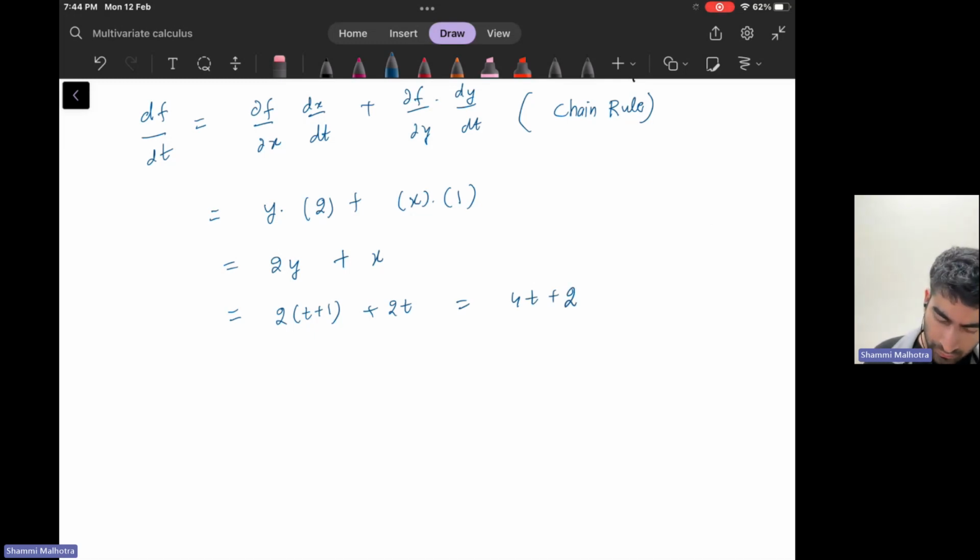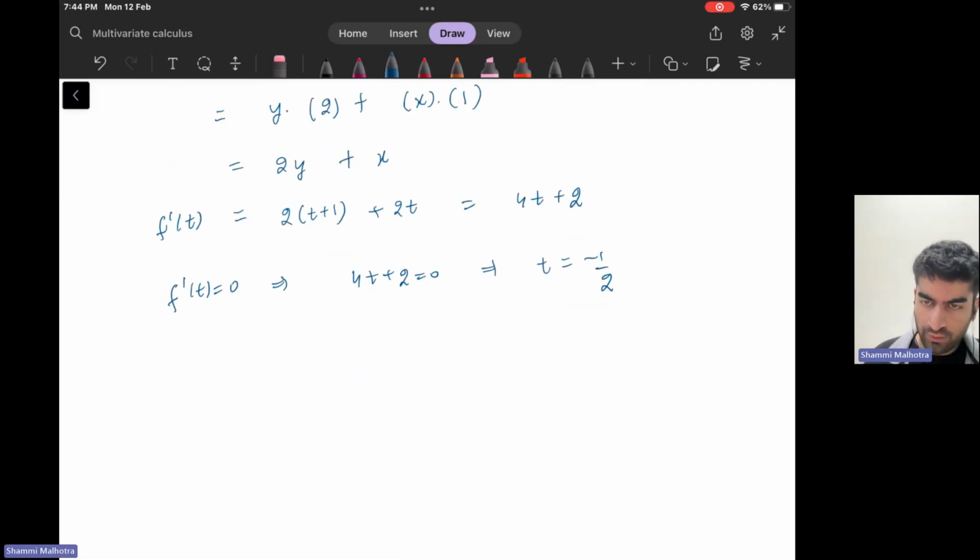Now this is my f dash t. For a one variable function, the maximum happens at the critical point or at the boundary extreme points. To find the critical points, I put f dash t to be 0. This implies 4t plus 2 equal to 0, so my t is nothing but -half.